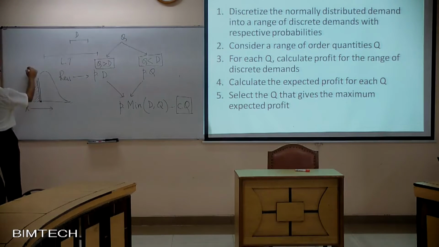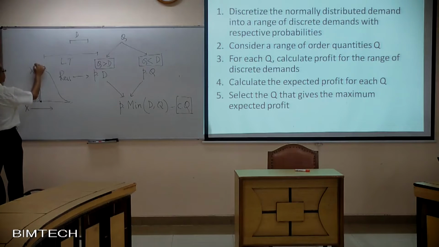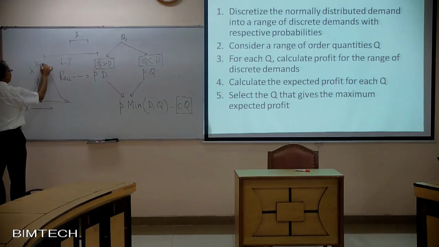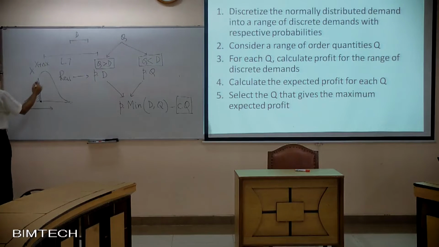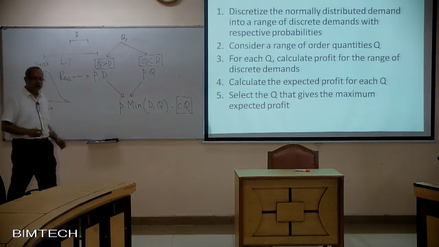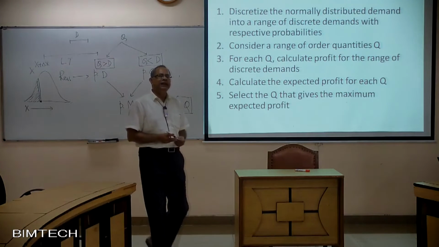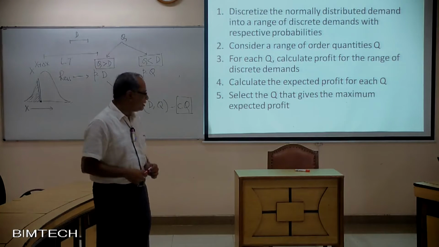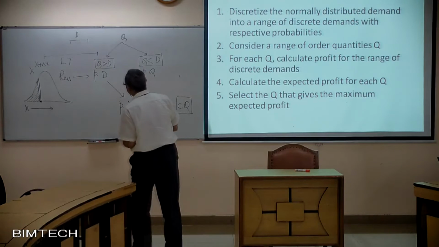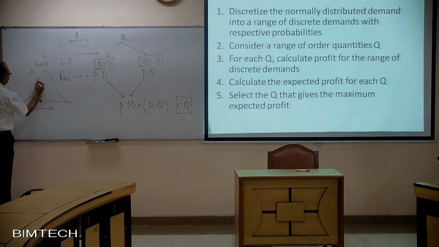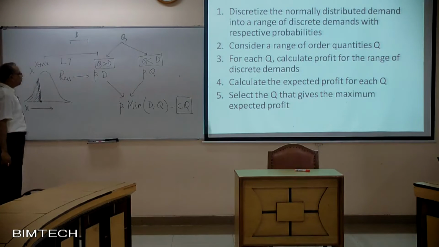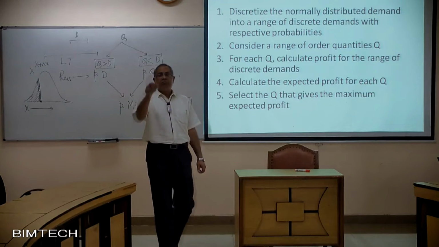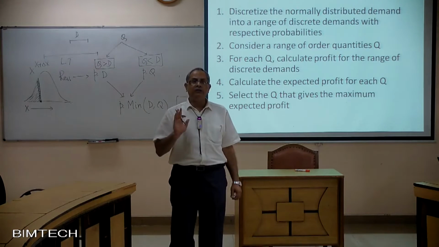So I find out the cumulative probability at X, and I find out the cumulative probability at X plus delta X. This cumulative probability till X plus delta X will be slightly greater than the cumulative probability till X, and the difference will be the area of this strip, which I am just shading, and this difference will be representing the single probability of that value of demand.